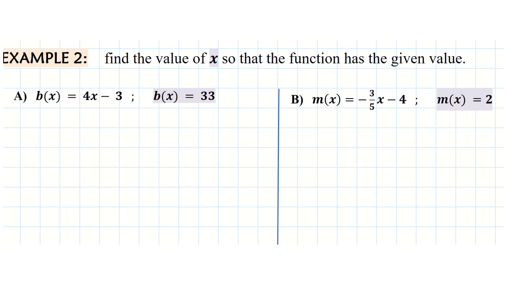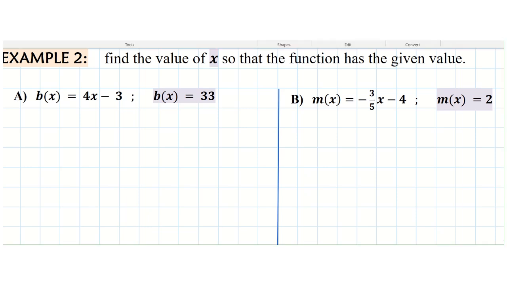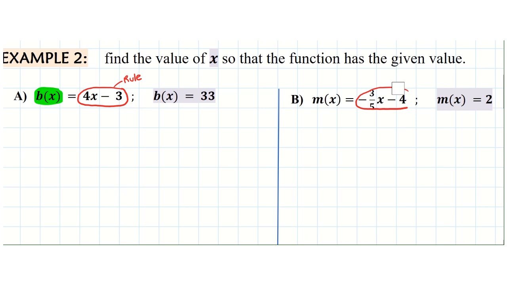Let's go ahead and talk about how to find the x, which is your input, when you're given an output. So let's look at these two examples here. On one of them, we have our function, which is b of x, and on the other one, we have our function, which is m of x. So remember, m of something is whatever the function is called.